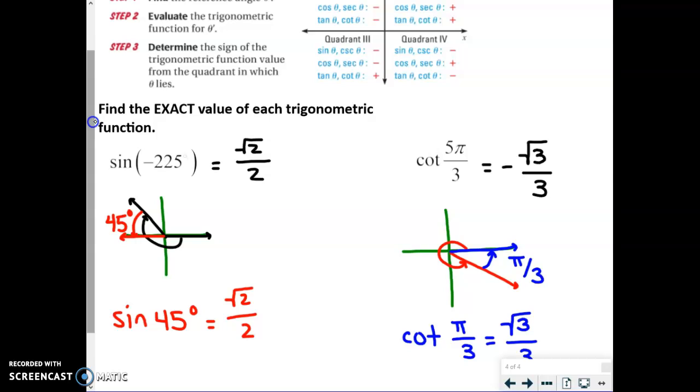So now, ladies and gentlemen, we've kind of brought together the last 3 lessons into one concise way of finding that exact trigonometric value.